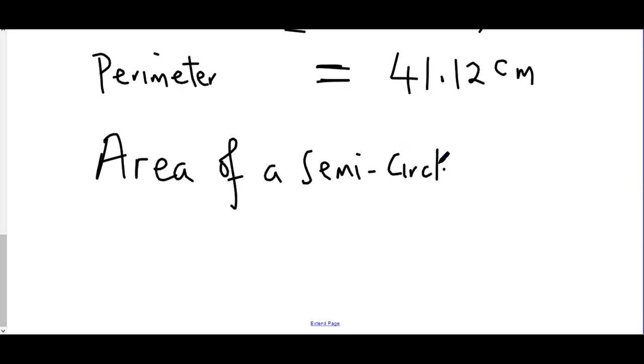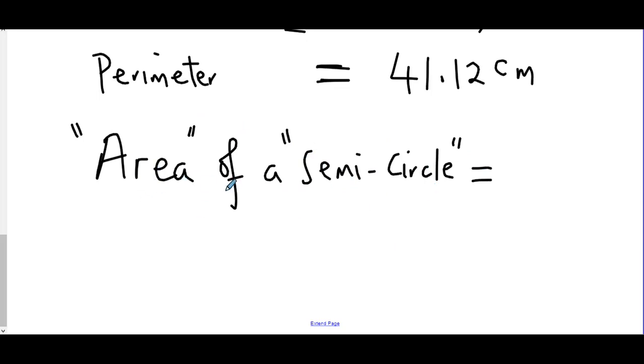You remember the formula for the area of a semicircle? You can pause this video and try to remember how to find area of a semicircle. But quickly, to save time, I said semicircle is half of a circle.